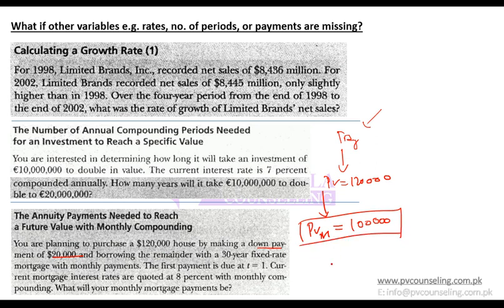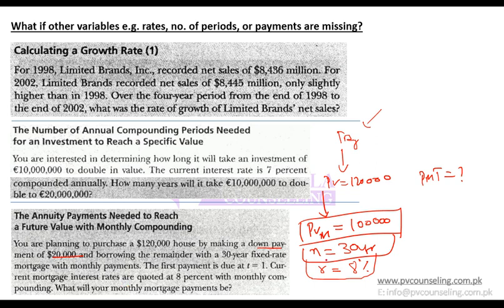So this is the present value of the mortgage. And for how many years do you want the mortgage? You want the mortgage for 30 years. What is the rate on this mortgage? The rate is 8%. And you have to find out the payment. But before you find out the payment, there is another adjustment you need to make. This is a monthly payment and a monthly compounded rate.